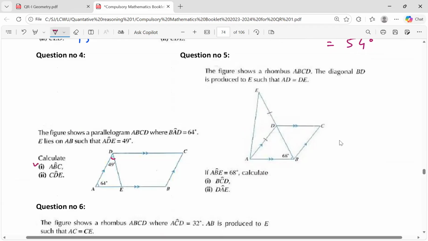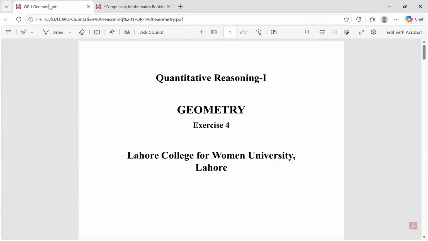You have to calculate angle ABC in the first case, and angle CDE at point D, because angles are always drawn at the middle point, in the second case. Let's do it on the next page because its solution is a bit lengthy.